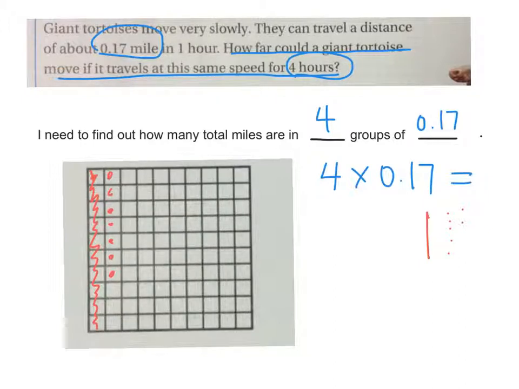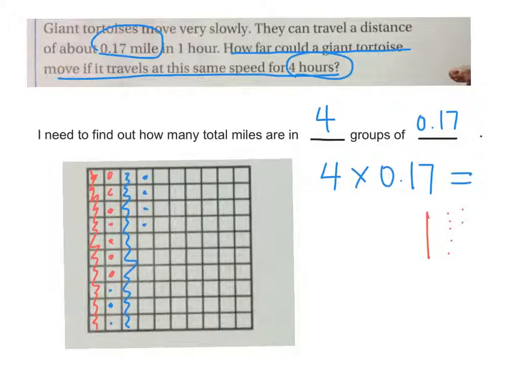So I've colored in how many groups so far? 1. Okay, I'm going to change color so it's super clear, but you can just use your pencil. I'm going to color in another group. Here's another 10th. And how many hundredths do I have to color in? 7. I'm going to start with these 3 remaining. 1, 2, 3, 4, 5, 6, 7.